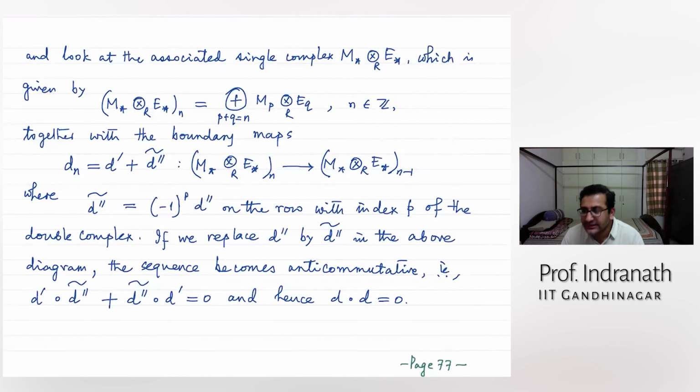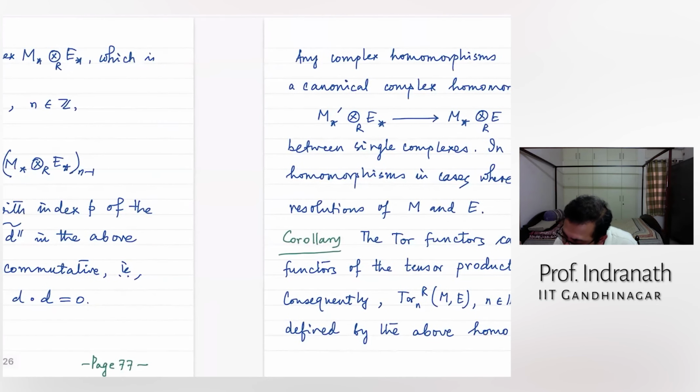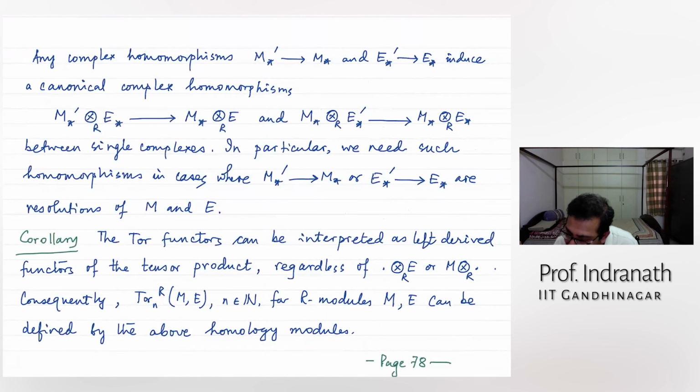And then you do something, and then finally we will be able to basically prove something like this, that the Tor modules can be interpreted as left-derived functors of the tensor product, regardless of whether it is the tensoring with respect to E or with respect to M. Okay, so consequently, all these Tor_n(M, E), they can be therefore defined either you start with a projective resolution of M and do the job, or the other way around.